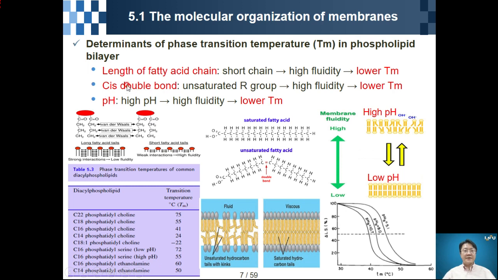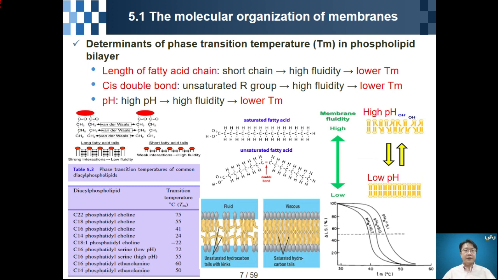Let me start with the length of the fatty acid chain. Phospholipids are composed of a head group and two tail groups. The two tail groups have the acyl chain, which is composed of CH3, CH3, CH3. Finally, they will have the carboxyl group like this.